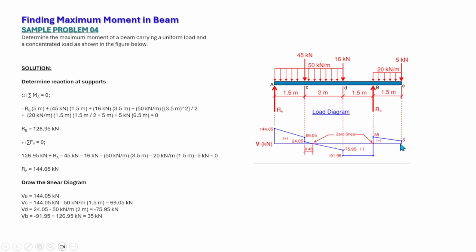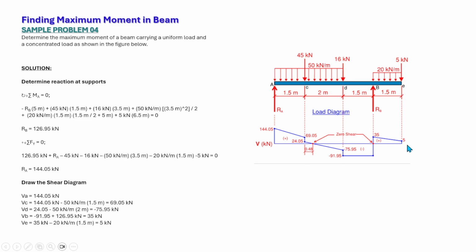So what is the shear at point E? We know that at point E we don't have anything, so it should be 0. The shear at point B is equal to 35 minus the load between B and E. So the shear at E is 35 minus 20 times 1.5, which is equal to 5.